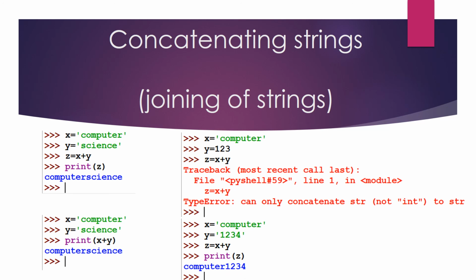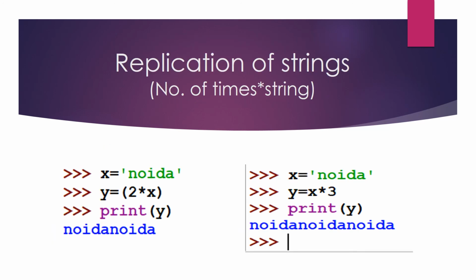Next is replication of strings. Replication is repeating a single string the number of times you would like through the integer you provide. Here a string Noida is taken and we want to print it twice, 2 times. So here in the variable y we have given 2 into x. X is holding the string. So y will print Noida 2 times.